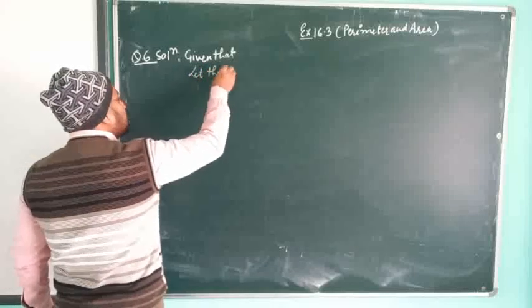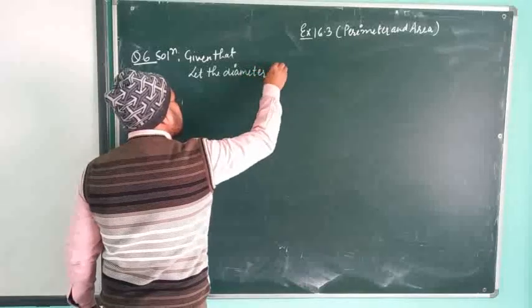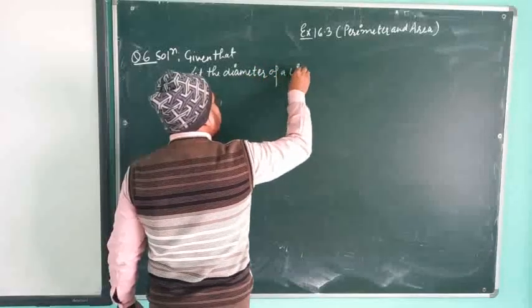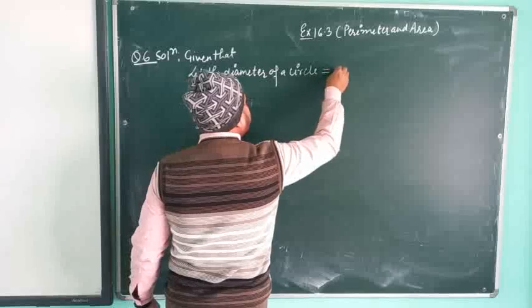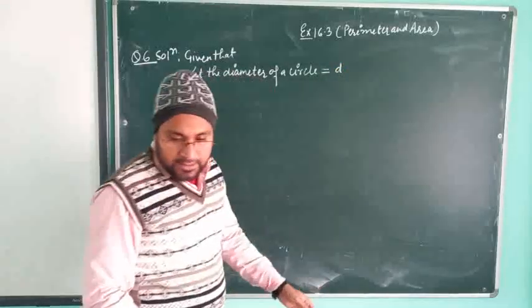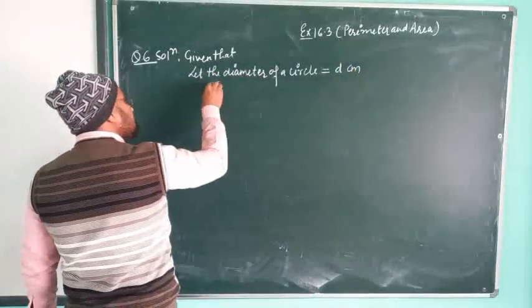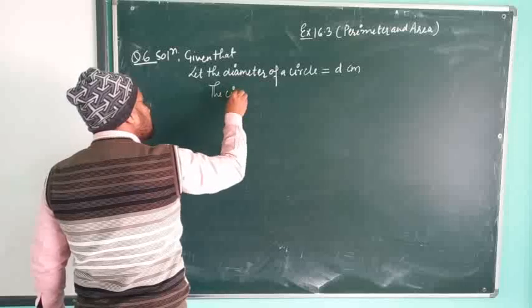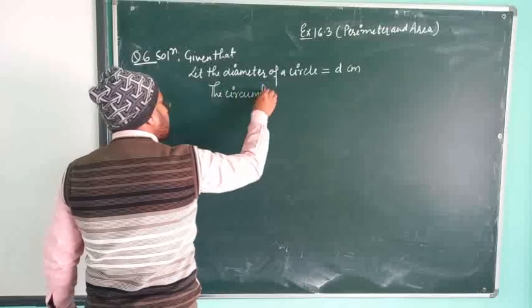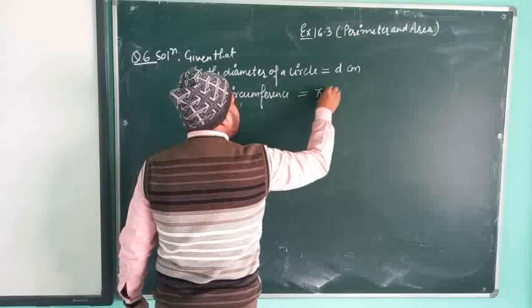Let the diameter of the circle be d centimeter. So the circumference is equal to pi into d.